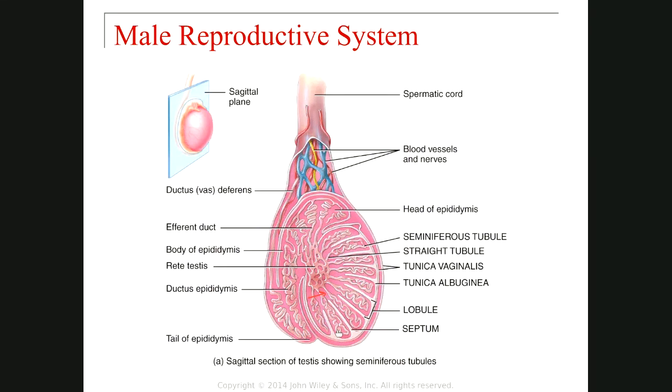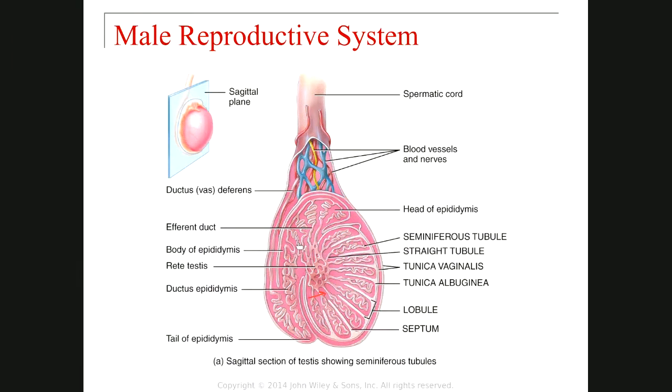So after seminiferous tubules, we have a straight tubule. The straight tubules from all of the lobules combine together and make a network here, which is the rete testis. And from the rete testis, we have some ducts which go out of the testis. These ducts are called efferent ducts.